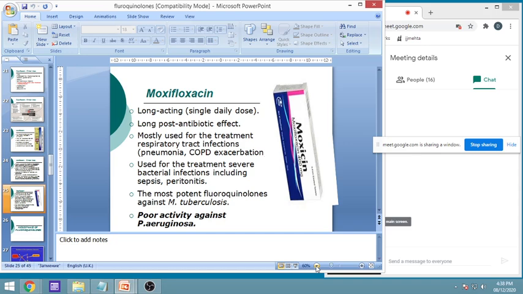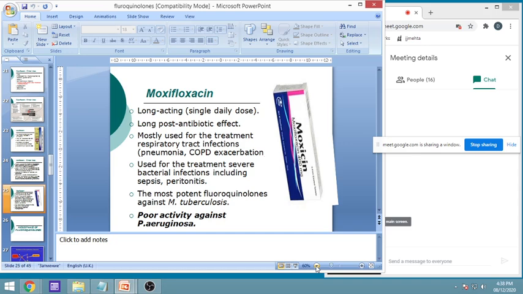It is mostly used for the treatment of respiratory tract infections like pneumonia and COPD exacerbation, and for severe bacterial infections including sepsis and peritonitis. It is one of the most potent fluoroquinolones against Mycobacterium tuberculosis. So this is an additional spectrum, that the drug is active against Mycobacterium species.